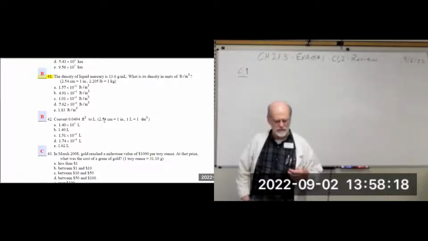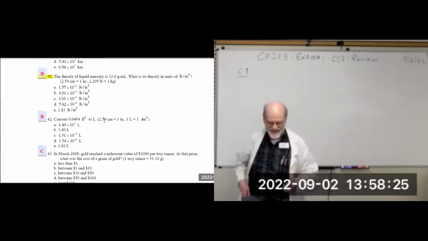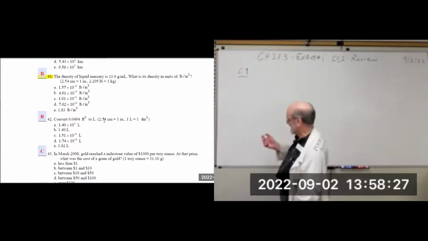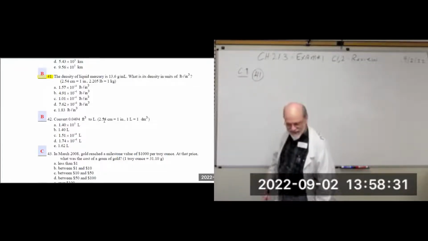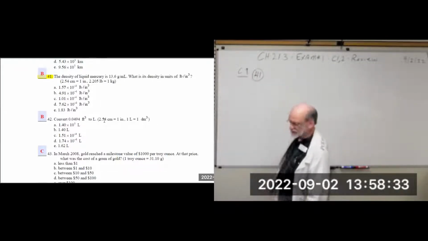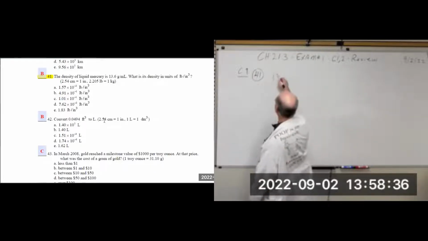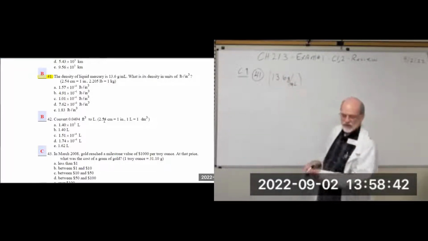Should we do that one? What do you think? 41. Okay, 13.6 grams per milliliter. Grams per milliliter is the density of mercury.